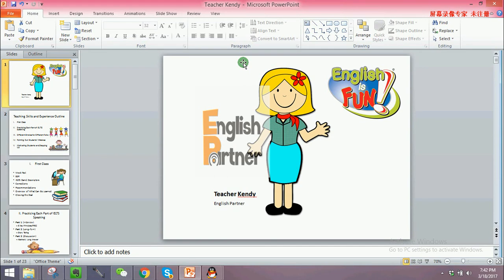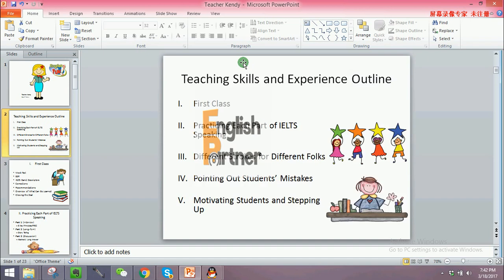I will basically cover five main points in this presentation. Initially, the things that I point out to my students during our first class, may it be a normal lesson, a TL, or an ET. Secondly, the basic things about IELTS that we learn and practice in my class. Third are the different strokes that I do for different folks.